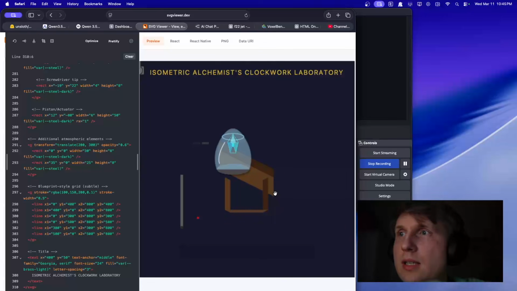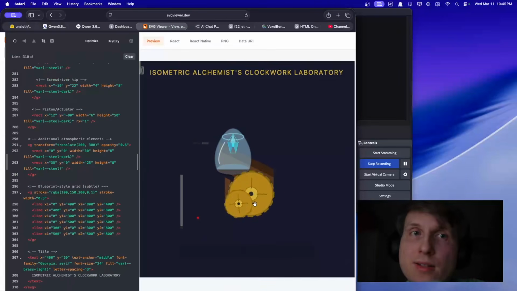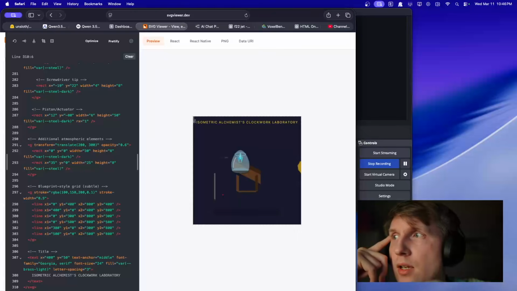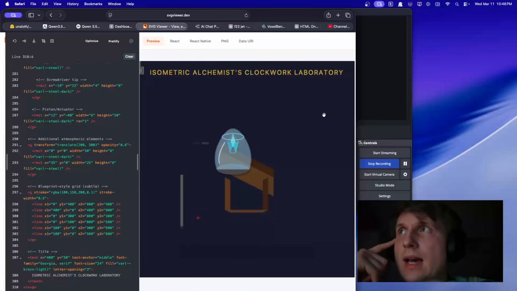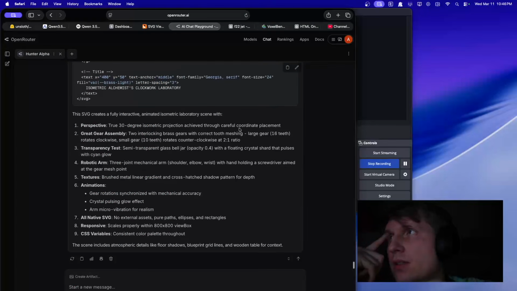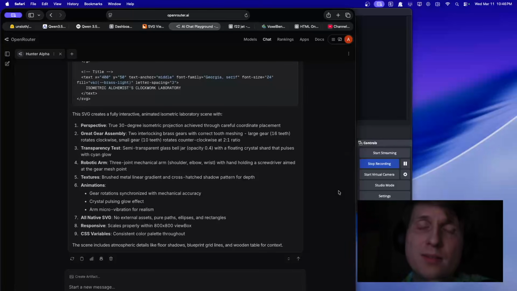But as you can see, they have the wrong axis as to where they're actually spinning. All right, so I think that is going to be all the testing that I do for this model. I don't necessarily know if this is this bad of a model.